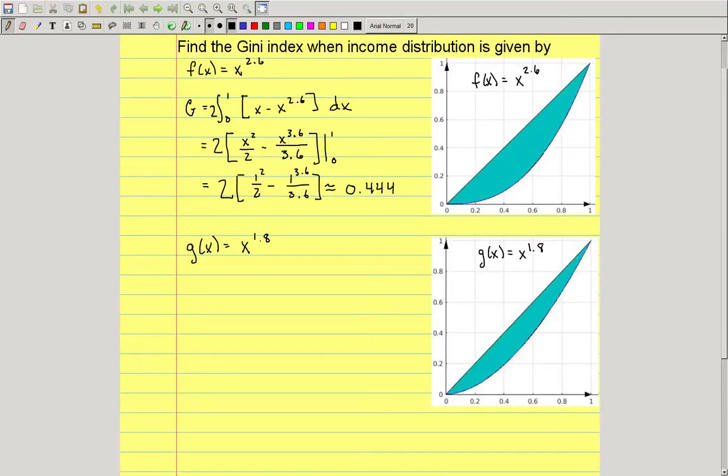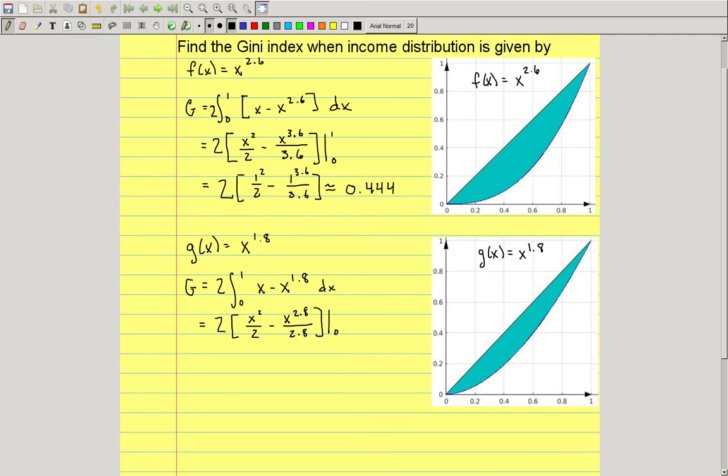All right, here's the setup for our second income distribution. We want to calculate our index, and so we have 2 times the definite integral from 0 to 1 of x minus g of x dx. And we have some very simple antiderivatives to calculate. More power rule. Antiderivative of x is x squared over 2. We subtract from that x to the 2.8 power divided by 2.8.